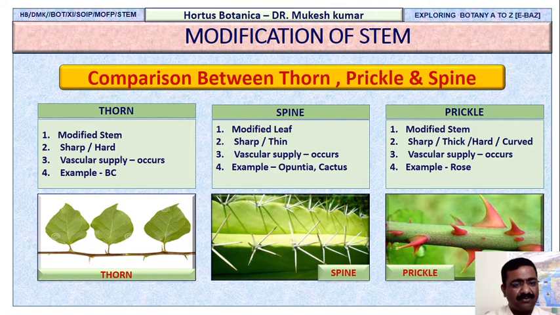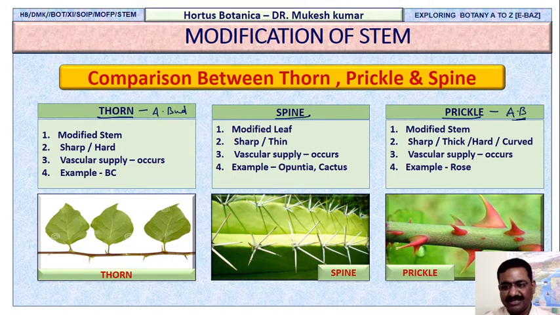Now, very important and informative content: what is the difference between thorn, spine and prickle? You know thorn. It arises from the axillary bud. You already studied spine, and this is the prickle. The prickle may also arise from the axillary bud.